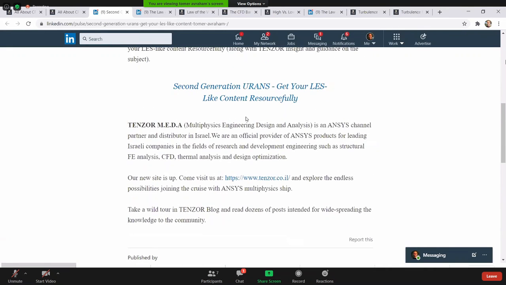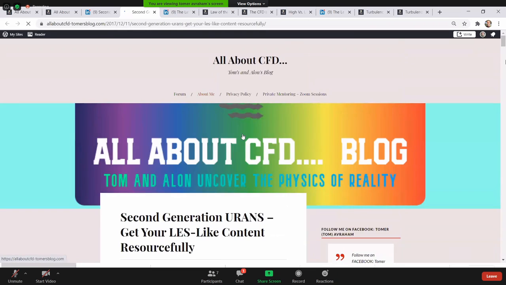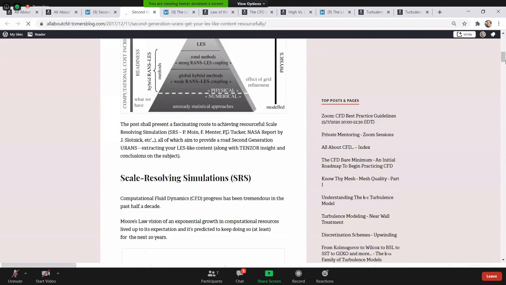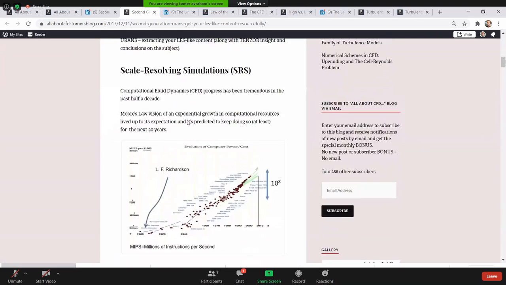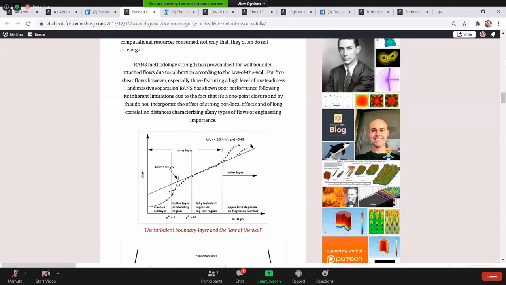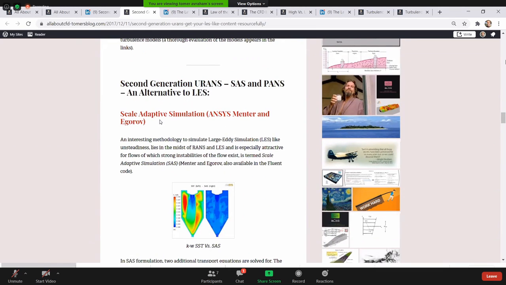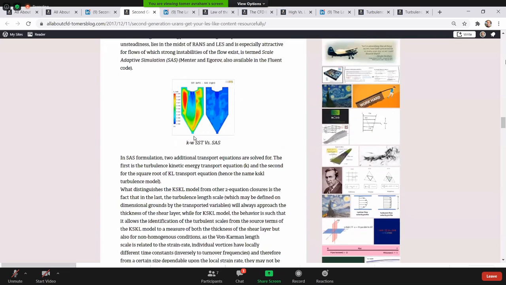Okay. It works. Yeah. Okay. Scale resolving simulations, and so on. Scale adaptive simulation.